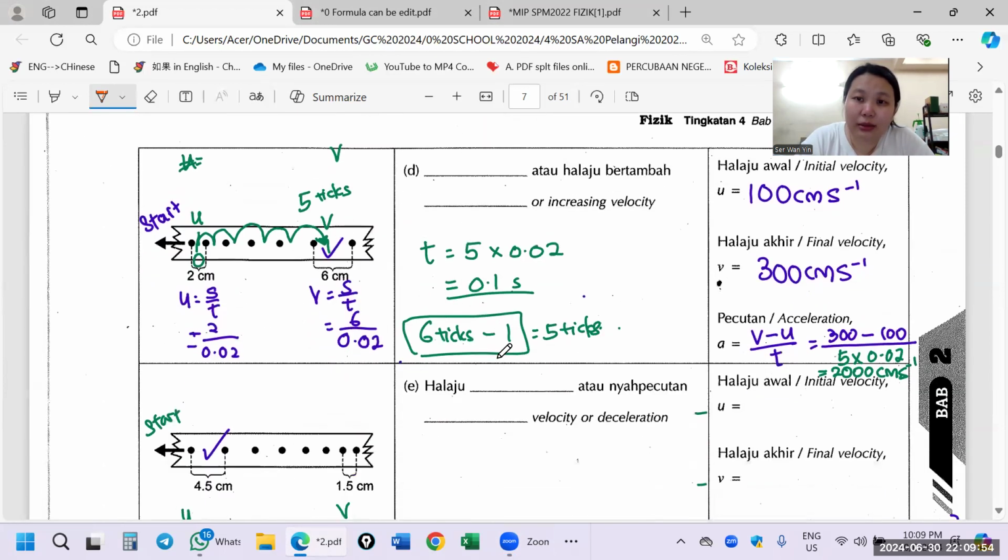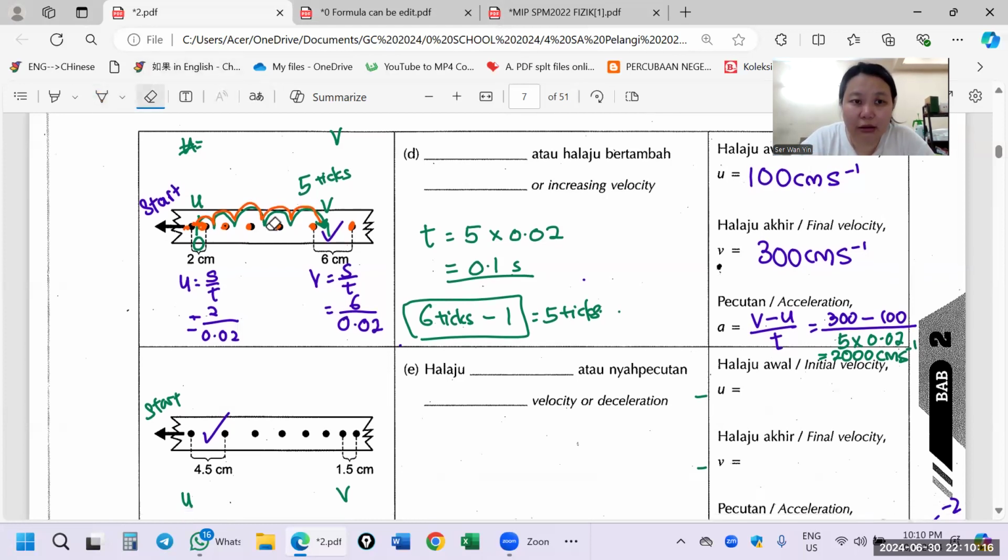For this one, for example, say this is U, then the in between will be 1, 2, 3, 4, 5. If we count the dots like that, we get 6.